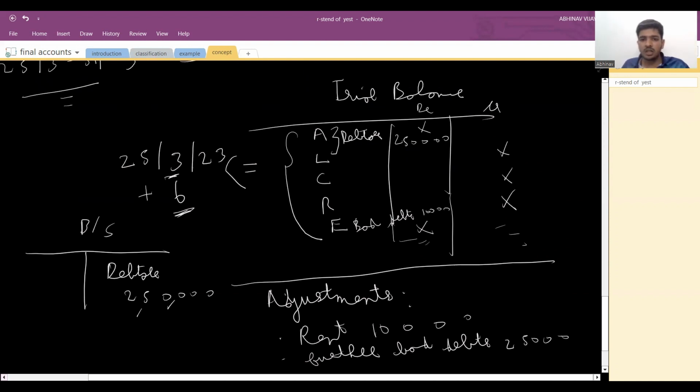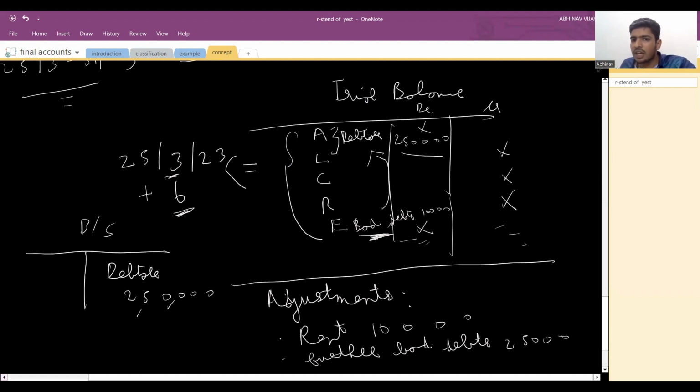That is, bad debts have already been subtracted, new debtors have already been added. So all the existing bad debts have been subtracted, and the end is 2,50,000. The expenses that happened throughout the year have already been adjusted to these debtors, and after this adjustment, the debtors at the end of the year are 2,50,000.